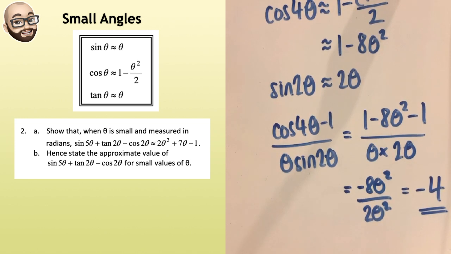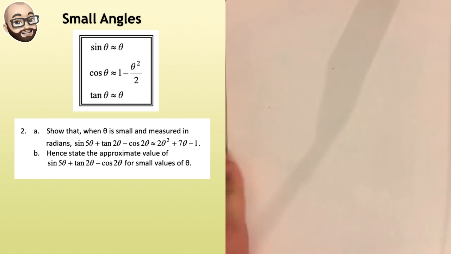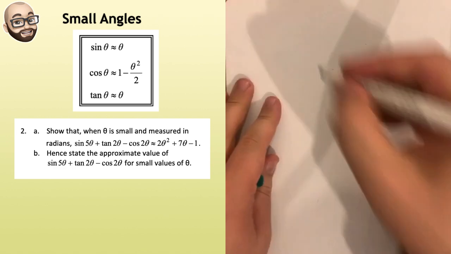Okay, question 2 looks a bit more wordy. It says, show that when theta is small and measured in radians, sine 5 theta plus tan 2 theta minus cos 2 theta is pretty much the same as 2 theta squareds plus 7 theta minus 1. Okay, it's just written in more words, but it's exactly the same as before.